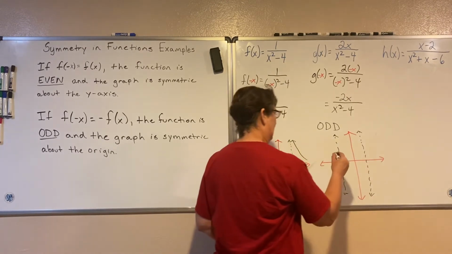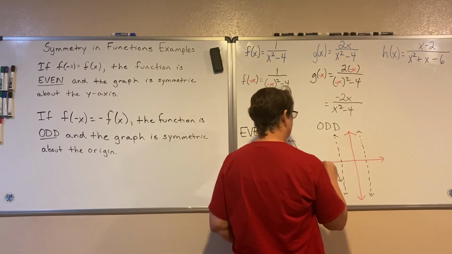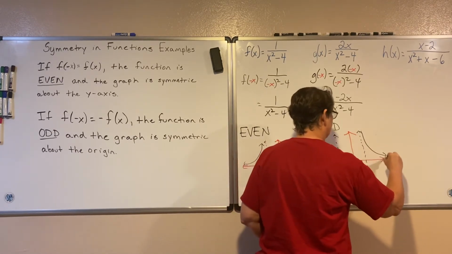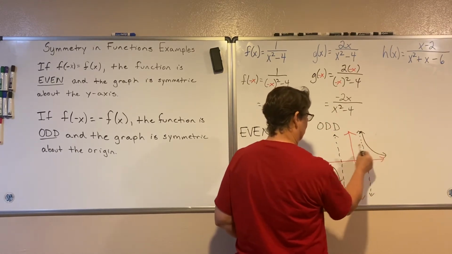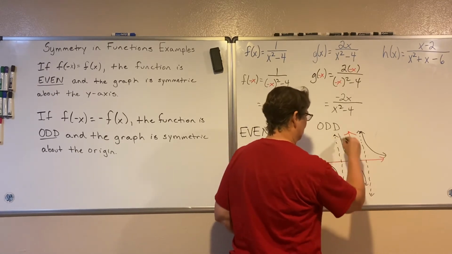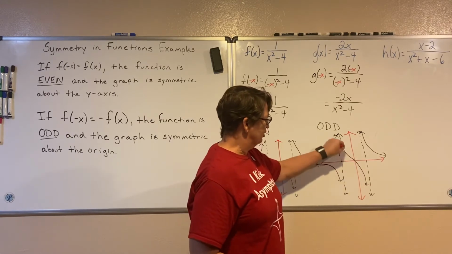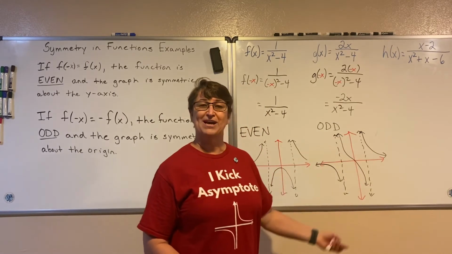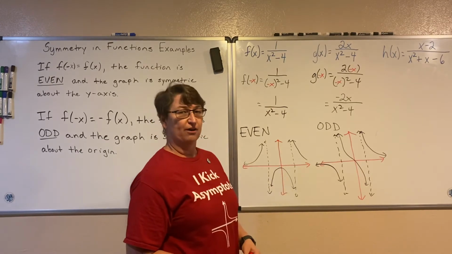And then here on the outsides, I would end up with shapes like this on the outside. So again, if I folded on the origin, these pieces would match with those and those pieces would match here. And then in the middle, I would end up with a shape like this. So again, if I folded on that origin, the pieces would match. So this is symmetric about the origin. So that is an example of an odd function.